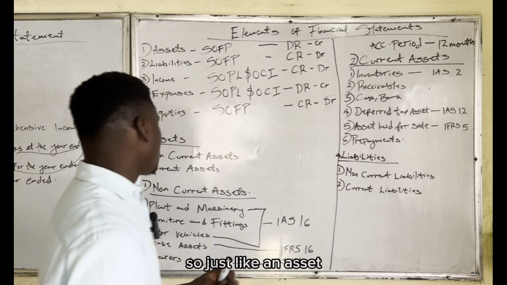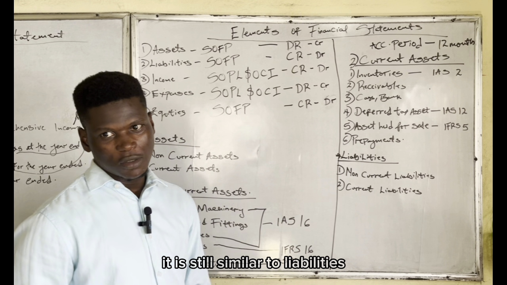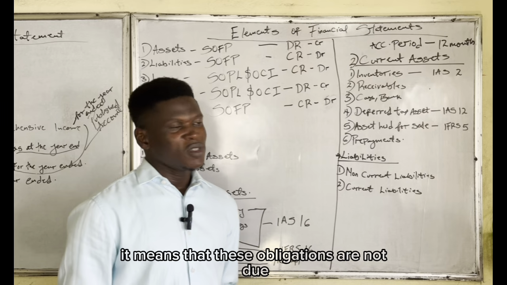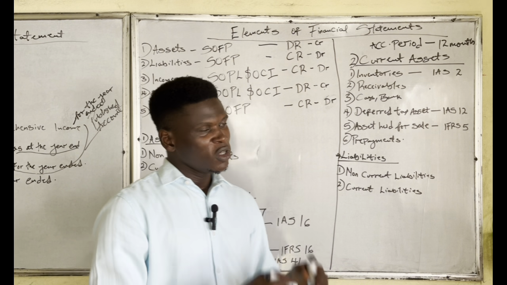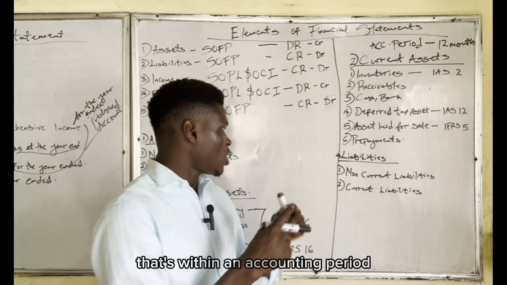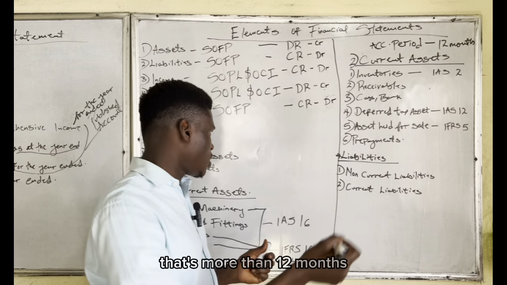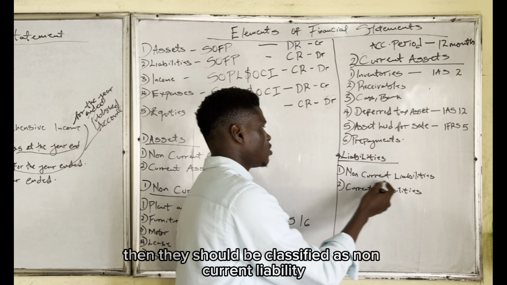So just like an asset, it is still similar to liabilities. Non-current liabilities, it means that these obligations are not due in the next 12 months. That's within an accounting period. If they are to be settled later in the future, that's more than 12 months, then they should be classified as non-current liability.